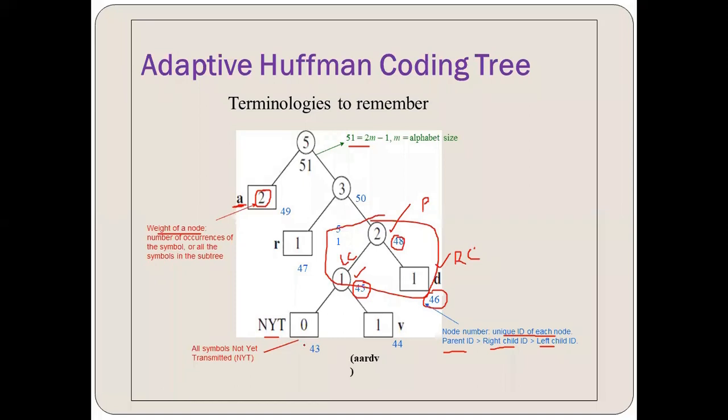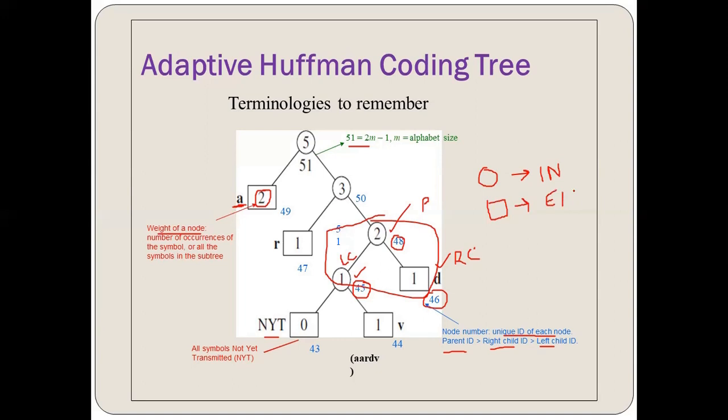Now, next thing is the circle. The nodes which are in circular form are called internal nodes. Internal nodes are the nodes which have children, which have leaves, right? While the nodes which are in square boxes do not have any child, and they are called external nodes.